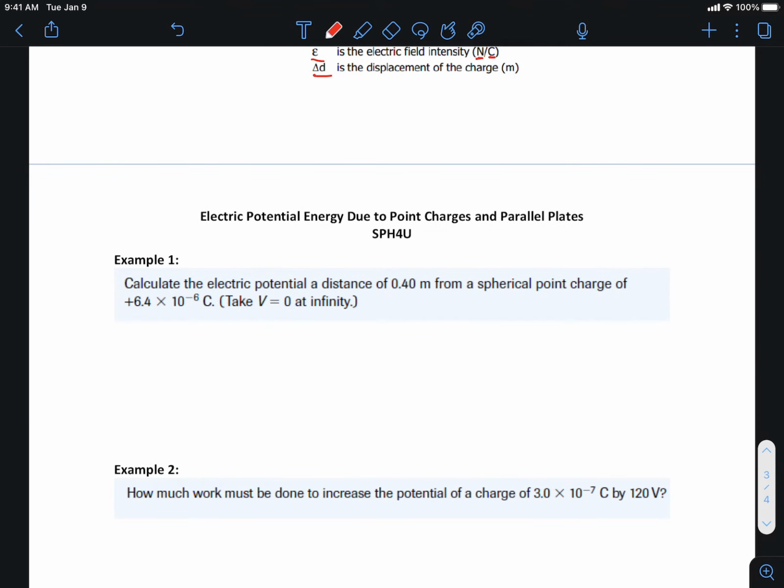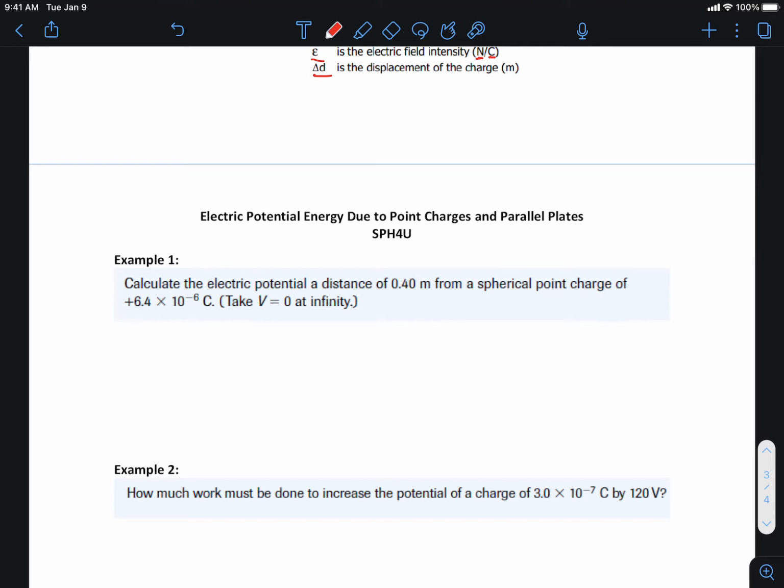Okay, so we want to calculate the electric potential at a distance of 0.4 meters from a spherical point charge of positive 6.4 times 10 to the negative 6 coulombs. What are we going to use?